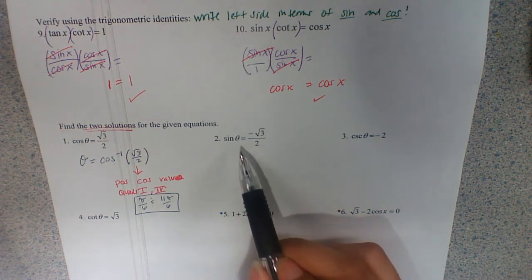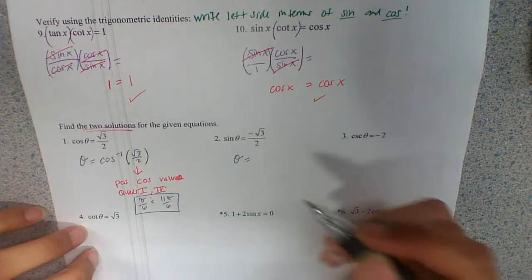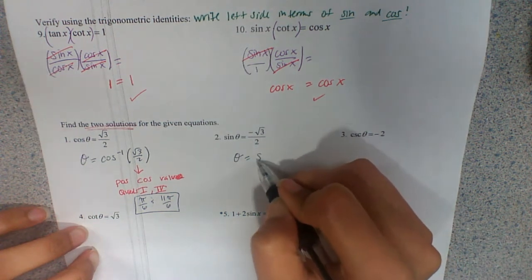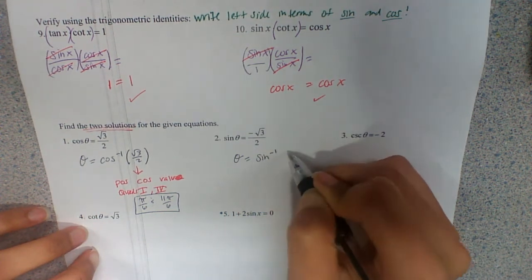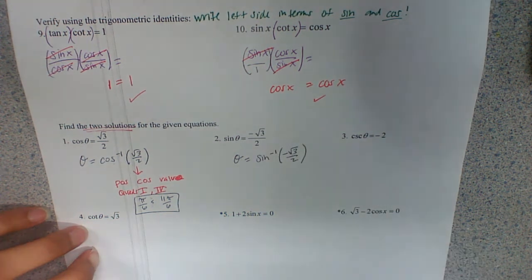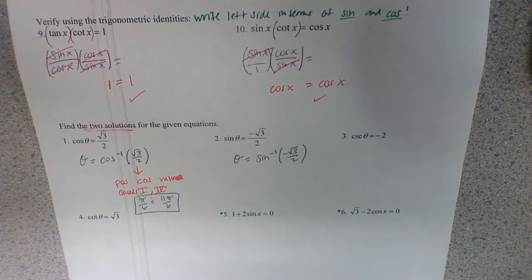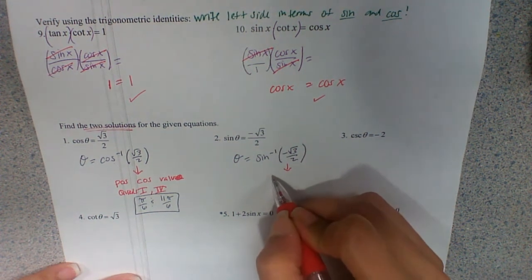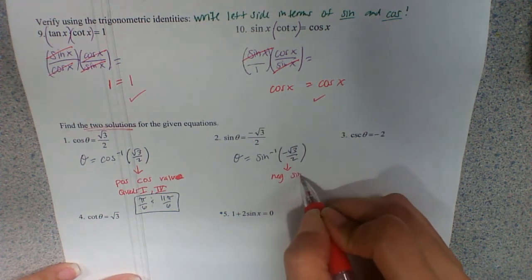Number 2. Now I want, for what angle, and I'm going to rewrite this, for what angle is your sine value negative square root of 3 over 2? For what angle, or what angles? So again, I want to notice that I'm being asked about a negative sine value.